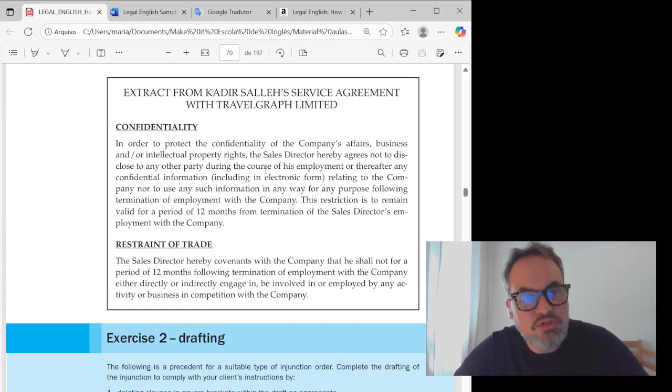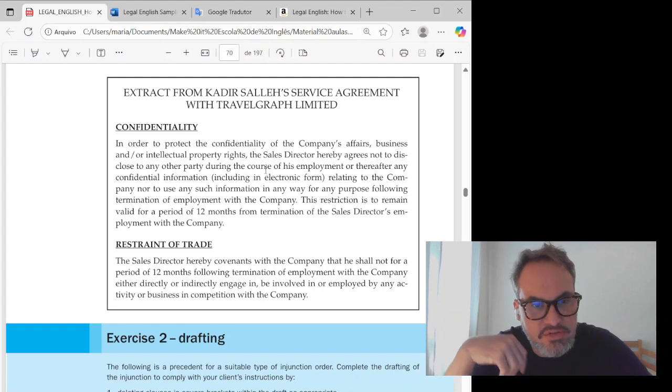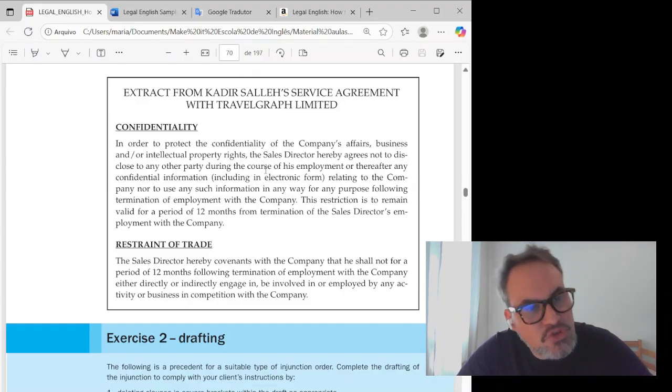In order to protect the confidentiality of the company's affairs, business, and intellectual property rights, the sales director hereby agrees not to disclose to any other party during the course of his employment or thereafter any confidential information, including in electronic form, relating to the company, nor to use any such information in any way for any purpose following termination of employment with the company. This restriction is to remain valid for a period of 12 months from termination of the sales director's employment with the company.